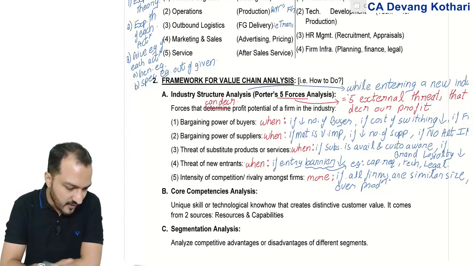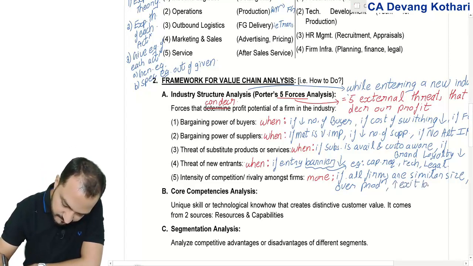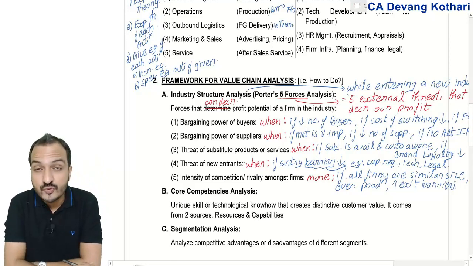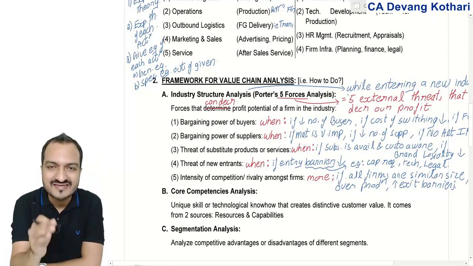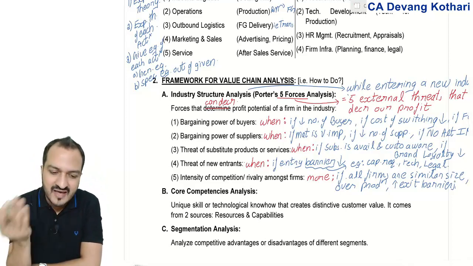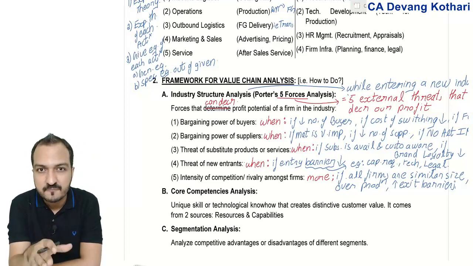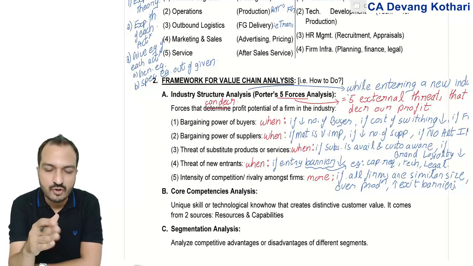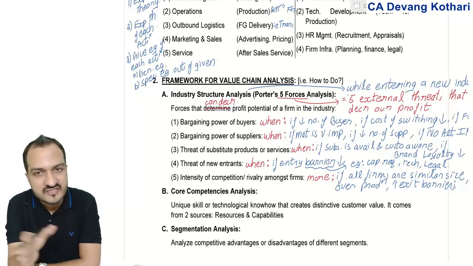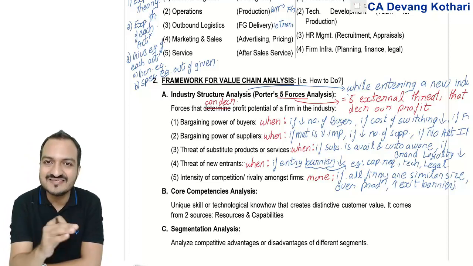Or there will be more competition if there are more exit barriers. There are situations when a company cannot exit a particular industry easily. Imagine if the company has started this business after making a huge investment, then the company will not easily exit that business because they have made the investment.